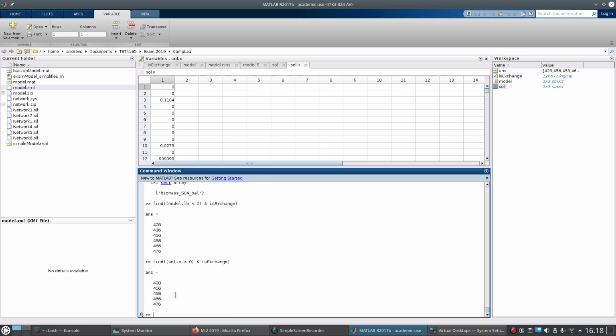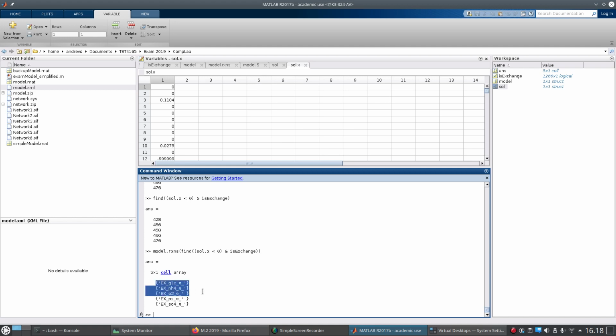And let's see what that gives us. Well, that gives us actually 5 of these exchange reactions that actually take up flux, the only exception being 436. So let's see what's in them. So here we see that the metabolites being taken up are glucose, NH4, oxygen, phosphate, and SO4.